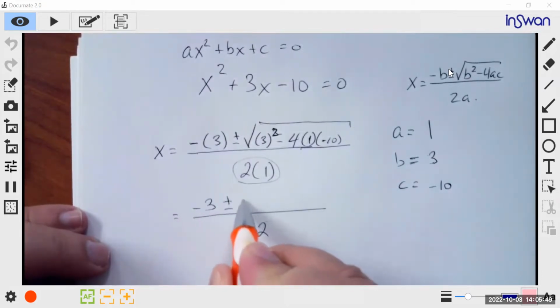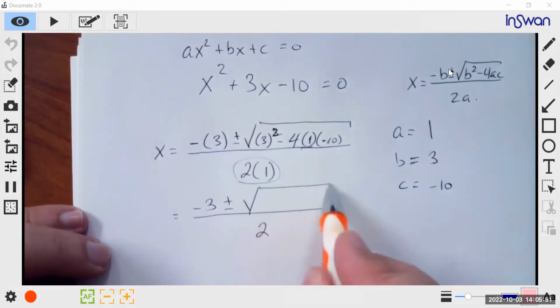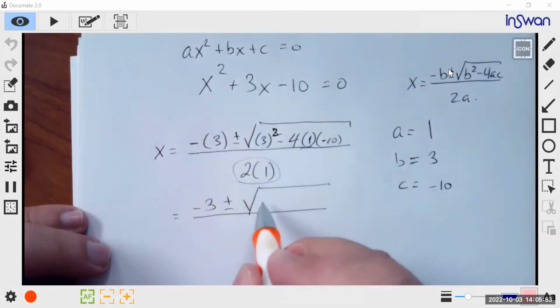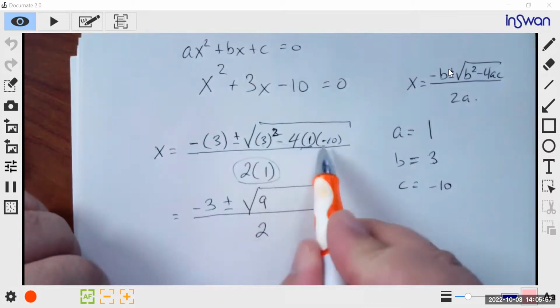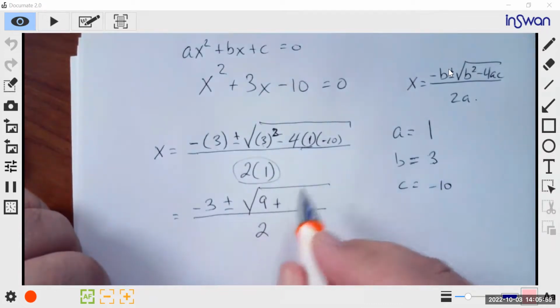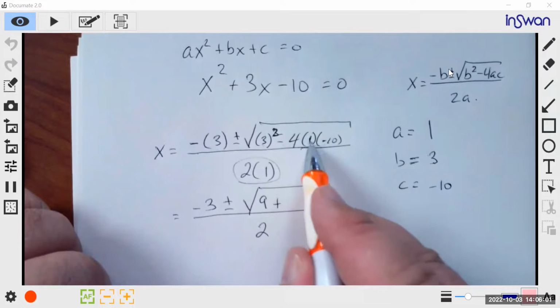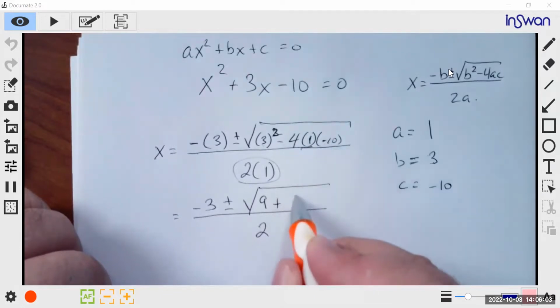Negative 3. 3 squared is 9. Negative times negative is a positive. 4 times 1 is 4, times 10 is 40.